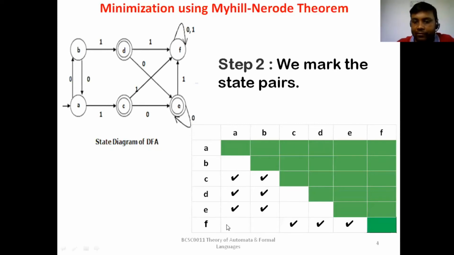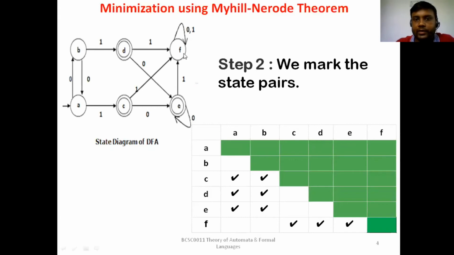If we consider AF, which is not marked in step 2, the zero transition for A goes to C and the zero transition for F goes to F itself.